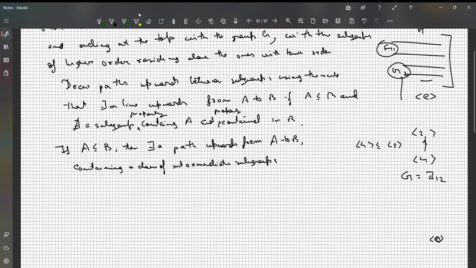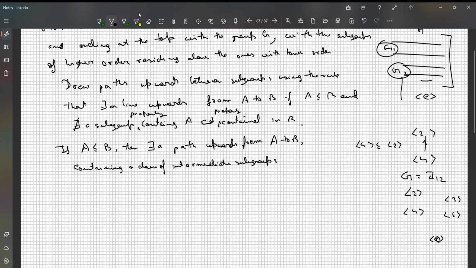So obviously you should write 2 below 4 technically, but since they are disjoint it won't matter actually. So we have 2 here, let's say 3 here, then we have 4, 6, and these are the only possible subgroups, right?